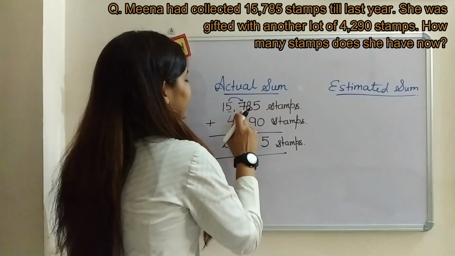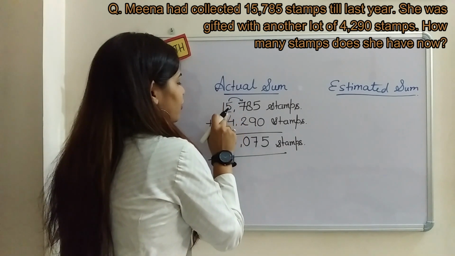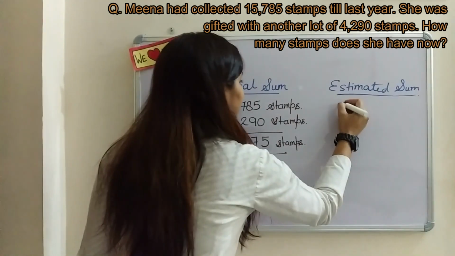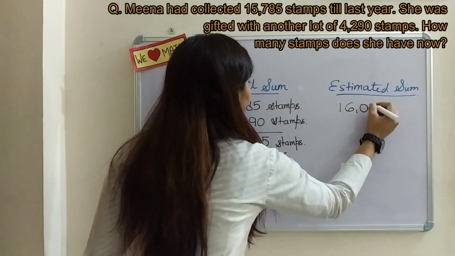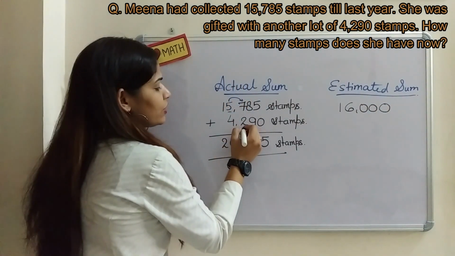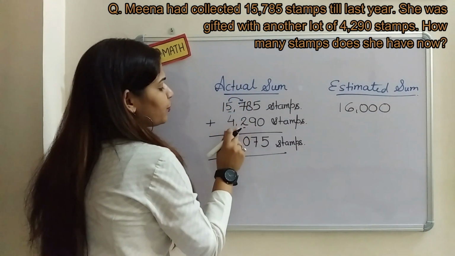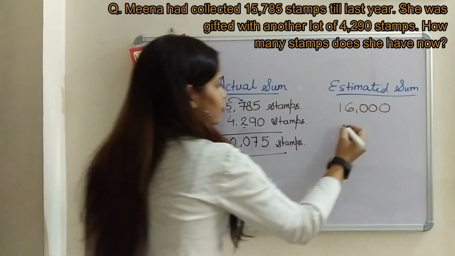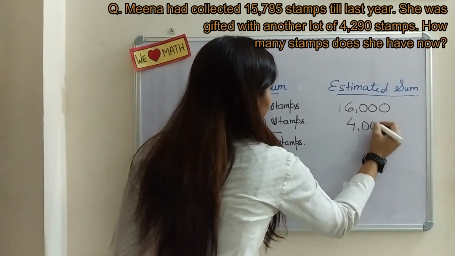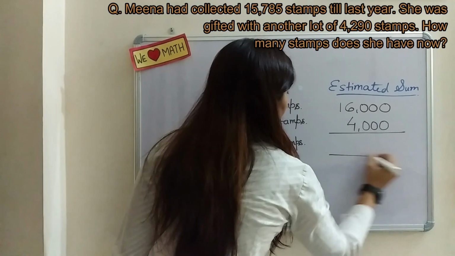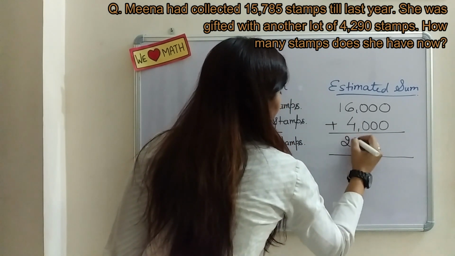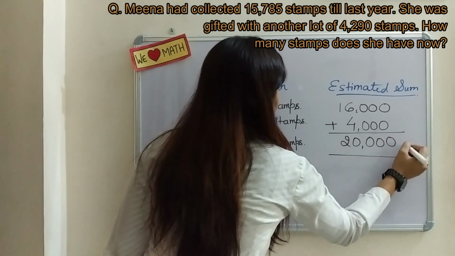The next number after 5 is 6, so it will be 16,000. And of course 2 is a weak number. It won't push 4 anywhere, so 4 will remain the same, 4,000. So now we have a total of 20,000 stamps.